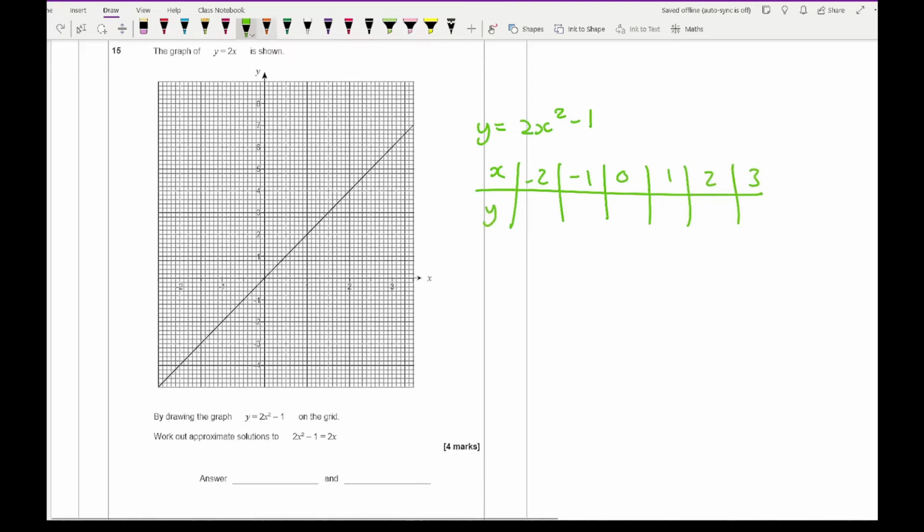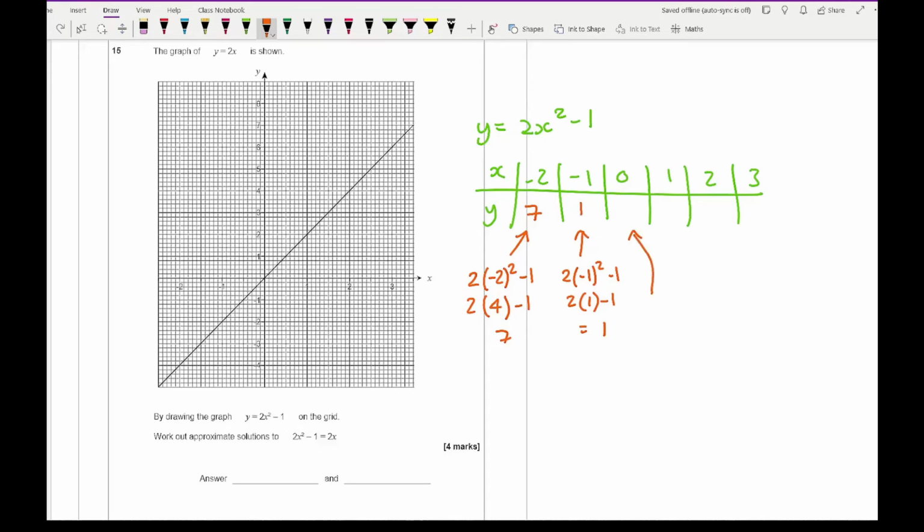So then substituting numbers in, well, this one's going to be 2 lots of minus 2 squared, take away 1, so that's 2 times 4, take away 1, so that's going to give me 7. Then with this one here, I've got 2 times minus 1 squared, minus 1, so that's going to be 2 times 1 minus 1, which gives me an answer of 1.